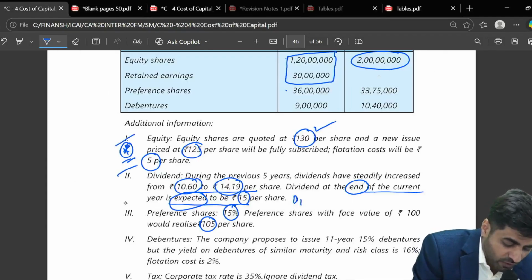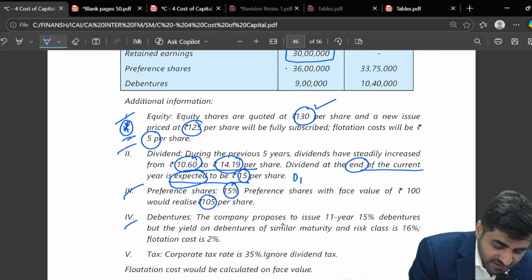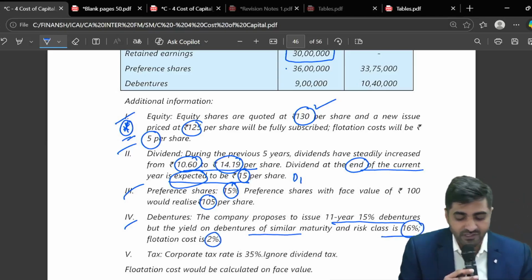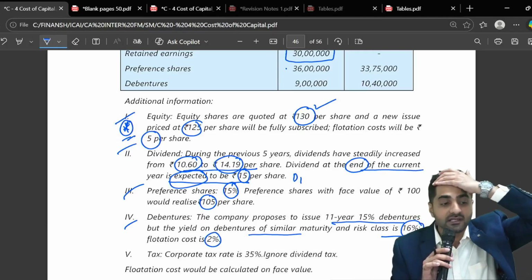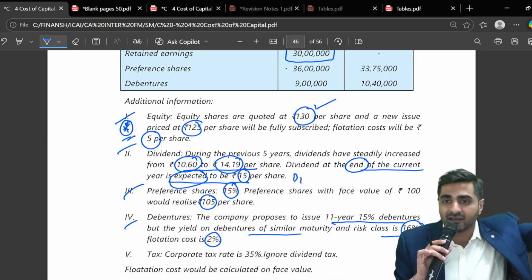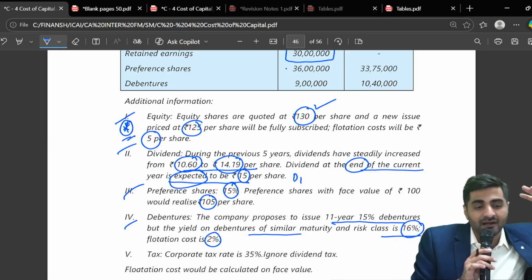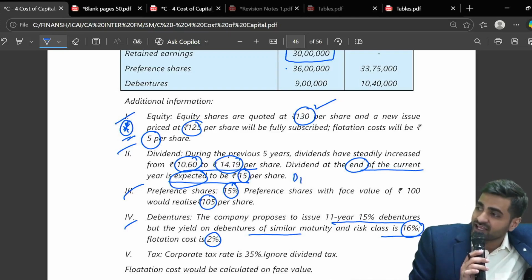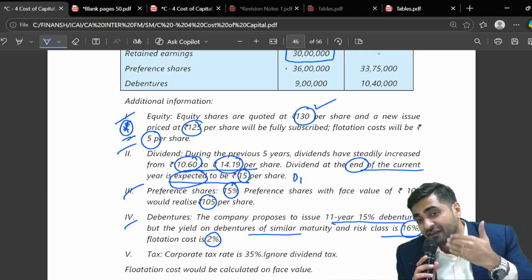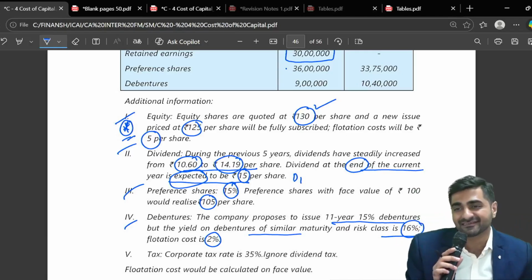The last thing they have told you is that the company proposes to issue 11-year 15% debentures, but the yield on debentures of similar maturity and risk class is 16%. Flotation cost is 2%. Now, we want to issue the debentures. See, if in the market people are buying debentures and getting a 16% rate, and I issue debentures at 15% rate, will people buy my debentures?